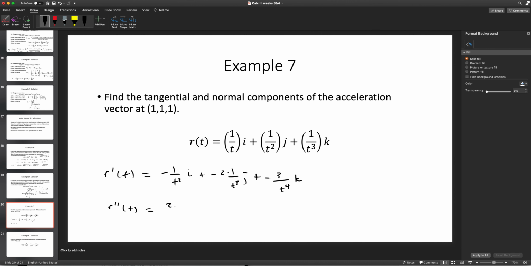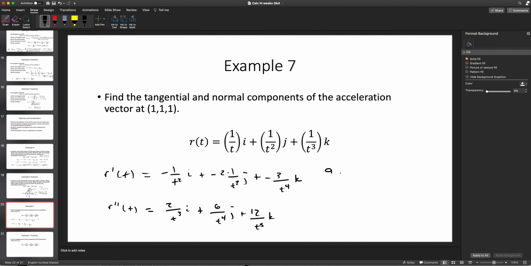So we get 2 over t cubed i, plus 6 over t to the 4 j, plus 12 over t to the 5 k.